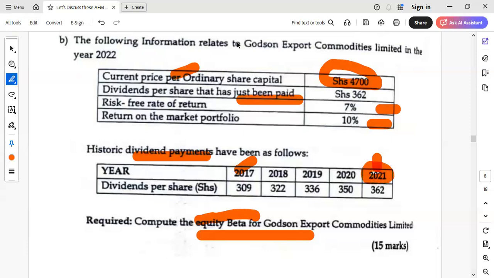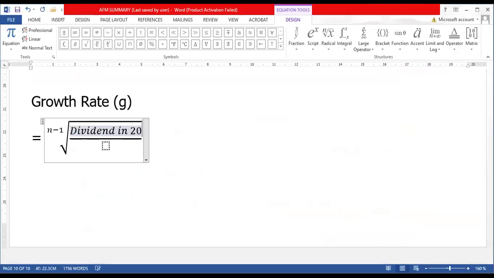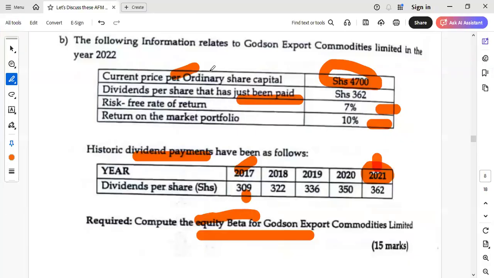So you put the dividend in 2021, the latest, over the dividend in the earliest year, which was 2017.